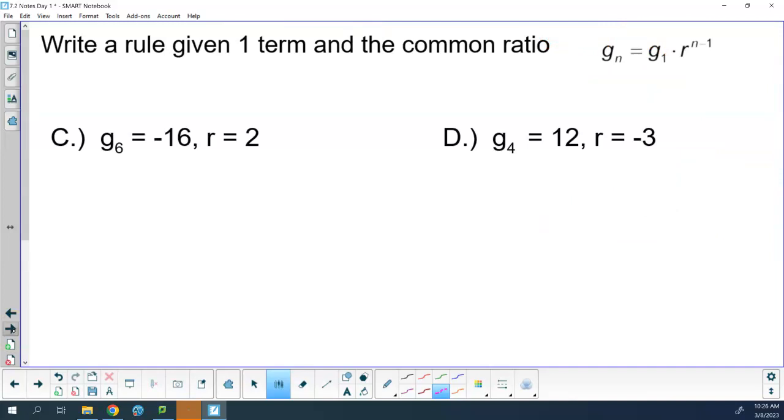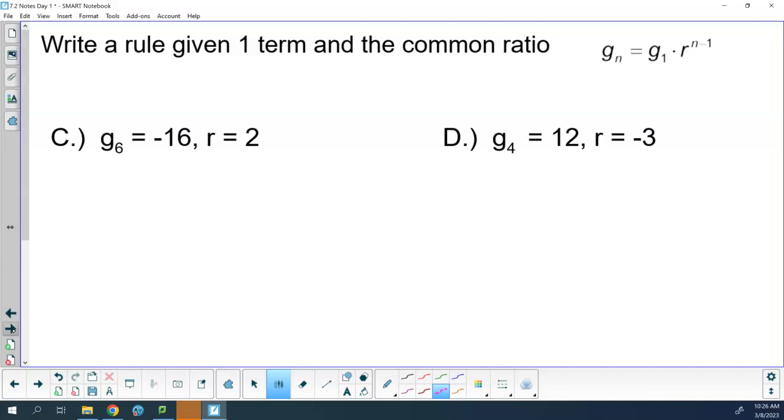Okay? So, same style of problems that we could have. I could give you a list. That was the first style of problem, just like we did in arithmetic. Second style of problem, I can give you a specific term and the R value. Ask you to find the rule. Okay?